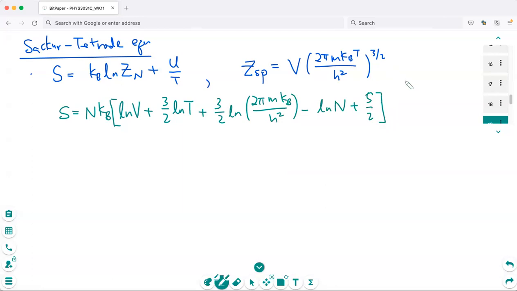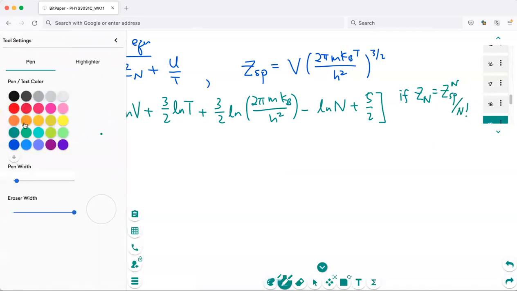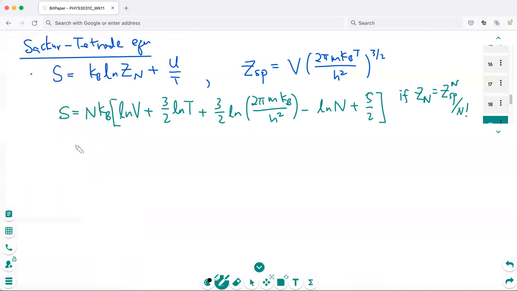So this is the correct one. Correct means you use this N. The incorrect one, I will use a different color. So two cases.